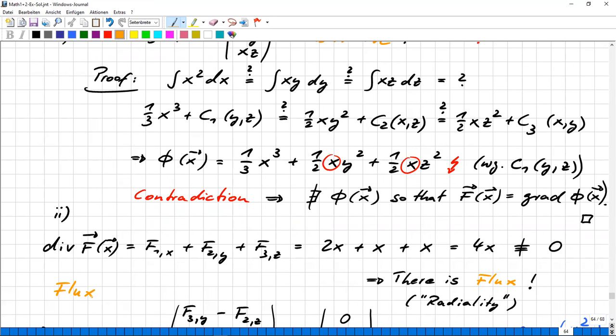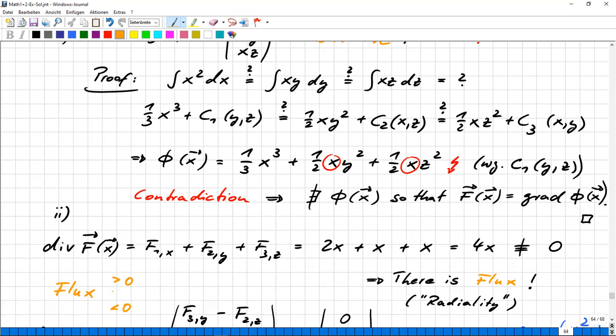So if the flux is positive, you have at this position in space a tendency of the field vectors to point outward from some starting point, right? If it gets negative, it points inward. I will not make a drawing now, but you can imagine.